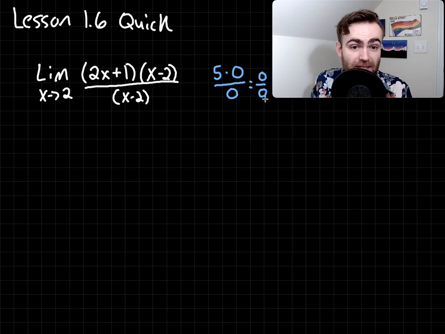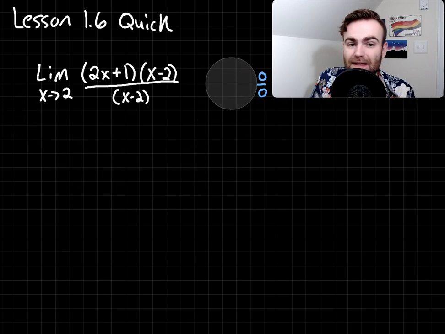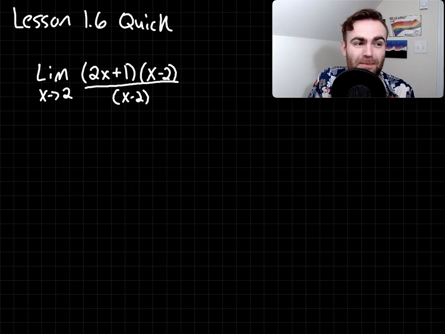And when we have limits, and we have something like this 0 over 0, or we get something weird like infinity over infinity, we call this the indeterminate form. That is very fancy math terms for we can do something with this. And in this case, you can kind of tell, well, Mr. Whaley, we have a rational function with a common factor in the numerator and denominator.